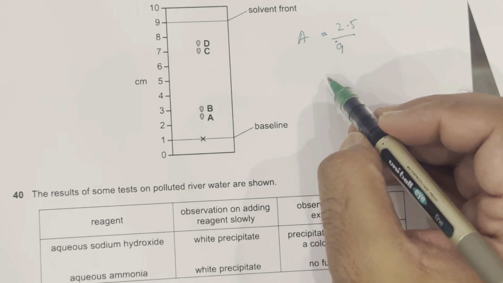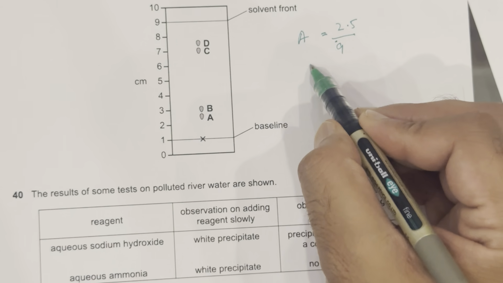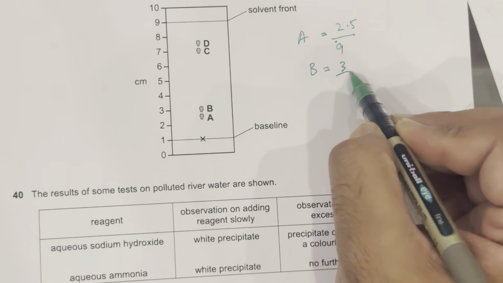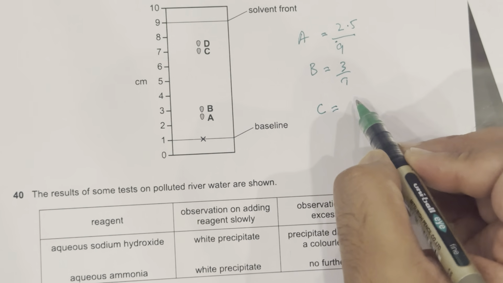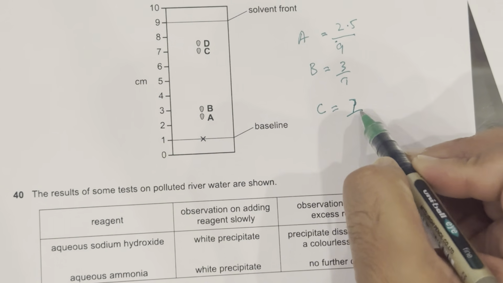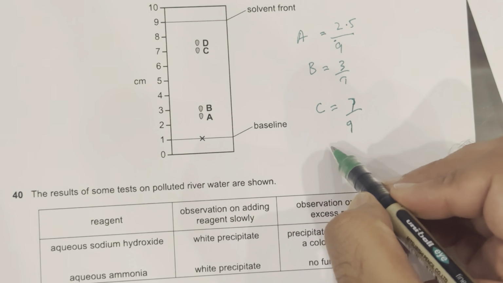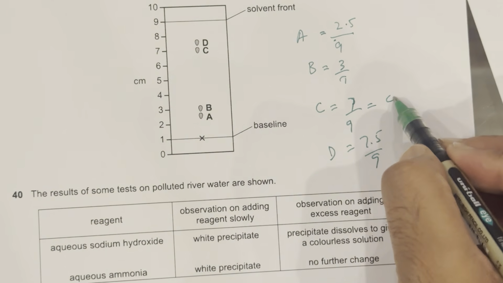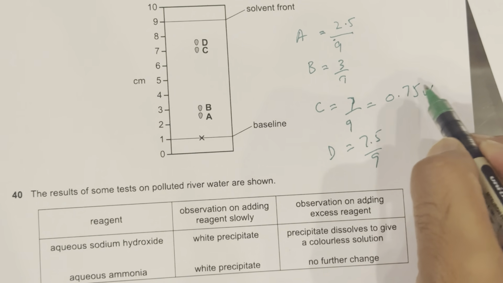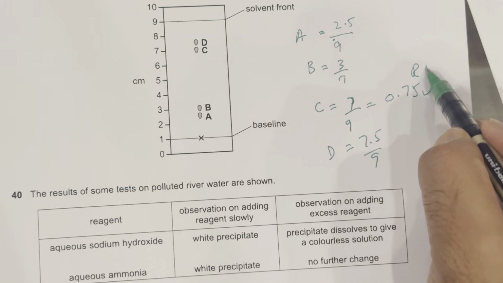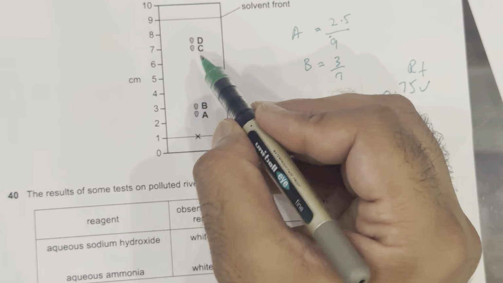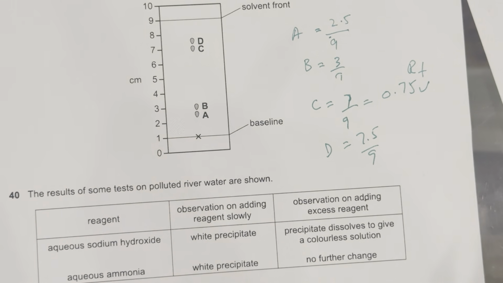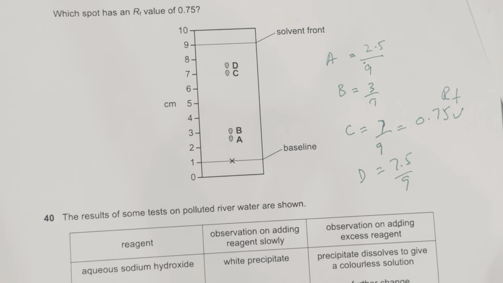For option B, 3/9. For option C, 7/9. And for option D, 7.5/9. So this is the answer, 0.75. We are looking for this Rf value, so option C is the right option.